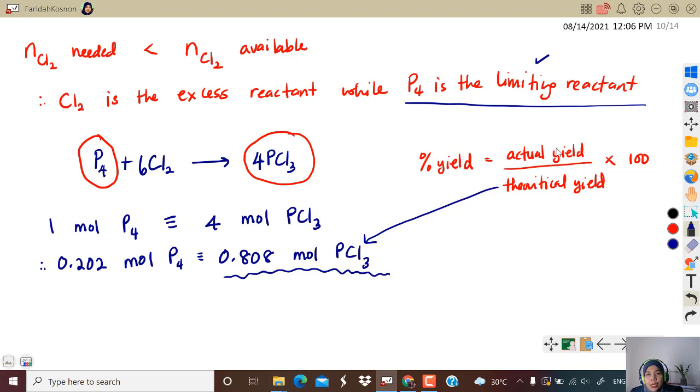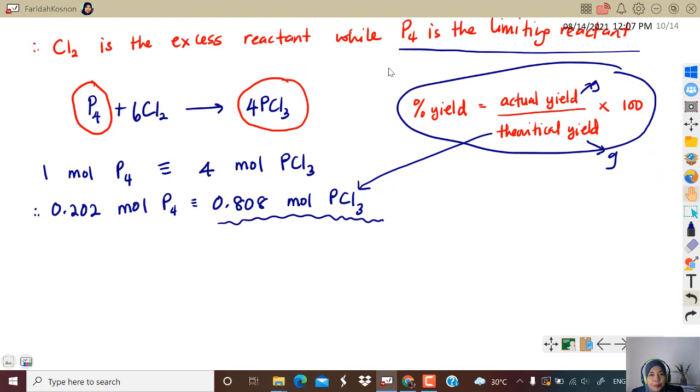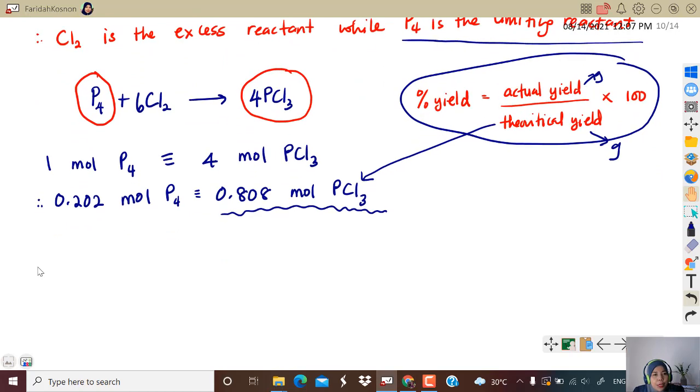Tetapi untuk kita menggunakan formula ini, kita mesti tukar mol itu kepada gram. Mesti dalam mass, ini pun mesti dalam mass. Jadi, yang kita kira ni, since it is theoretical yield, so we have to determine the mass of theoretical yield produced. Okay, jadi kita kena kira dulu. Okay, so mass, okay, sorry, sekejap.